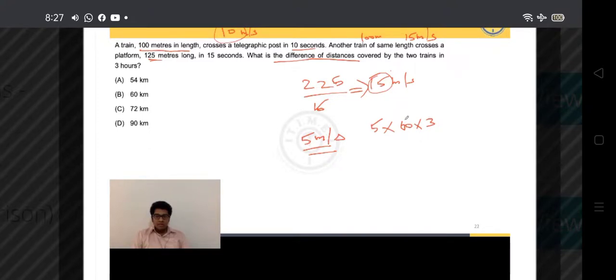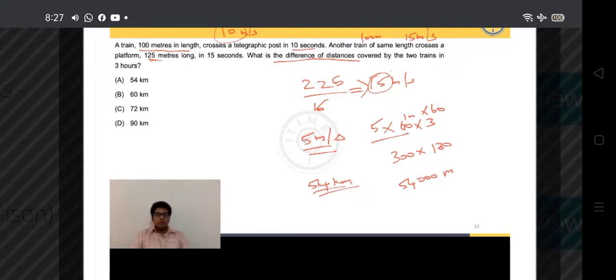So I want to have it for hours, so into another 60. So I have 5 into 60 into 60 into 3. 5 into 60 is 300. 300 into 180. 300 into 3 into 60 is 180. 300 times 180 will be 54,000 meters, which is nothing but 54 kilometers.